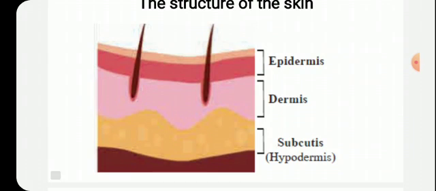That skin is made up of epidermis, dermis and the hypodermis. Epidermis is the uppermost layer, while dermis is below the epidermis, while hypodermis is the lower layer which contains the blood vessels and the nerve fibers.